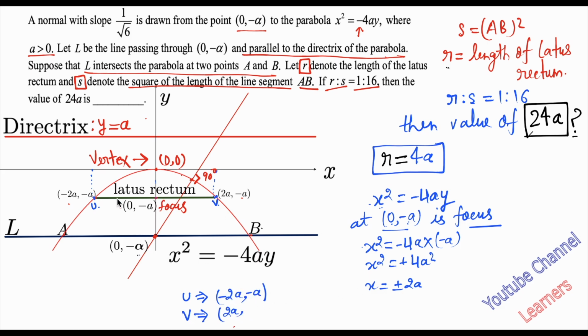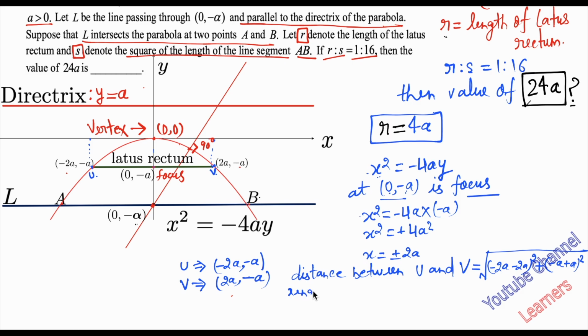So we first calculate the endpoints of the latus rectum, which have the same y coordinate as the focus. We put this y coordinate in the equation of the parabola, find the x coordinates of the endpoints of the latus rectum, and then use the distance formula in the normal way to find the length of the latus rectum.